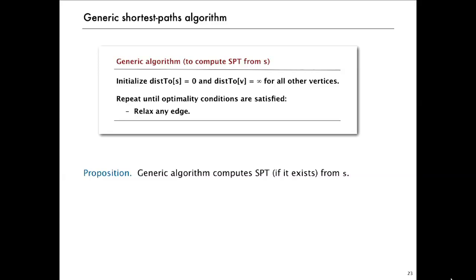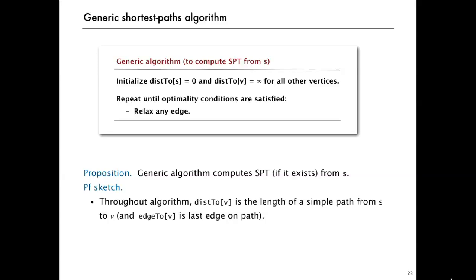So how can we show that it computes the SPT? Well, it's pretty simple. Throughout the algorithm, because of the way that we relax edges, the distance to V is the length of a simple path from S to V, and the edge to V is the last edge on that path. That's what relaxation does for any vertex that we touch. And not only that, every relaxation that succeeds decreases the distances.